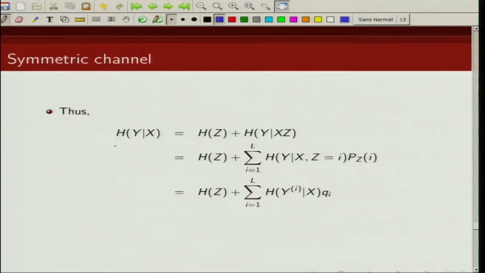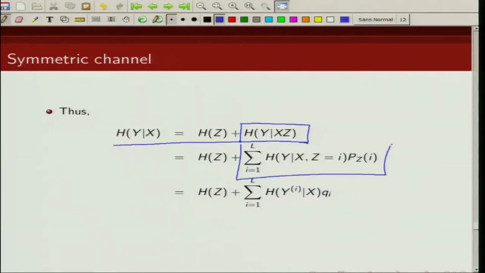Next. So, from the previous expression, I can write h of y given x as h of z plus h of y given xz. Now I can expand this in this particular fashion. So this is the uncertainty in y given x and given z is i, multiplied by the probability of z is i.